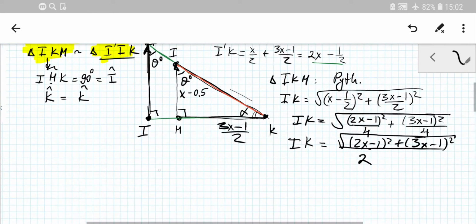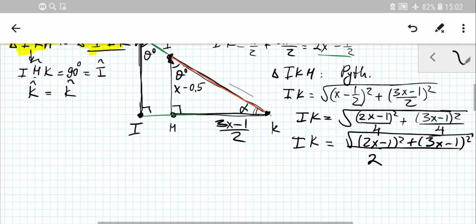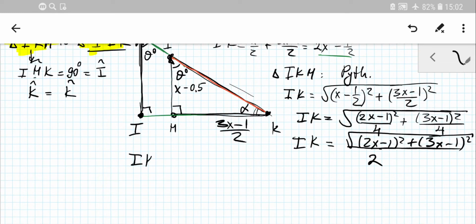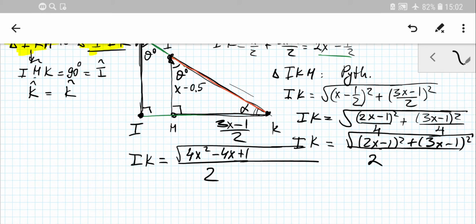Okay, let's try to work it out now. So let's just simplify that. We've got 2 in the bottom. Here we've got 2x minus 1, so we're using the formula. It's 4x squared minus 4x plus 1. And the rest, which is here, is (3x minus 1) squared. So we add 9x squared minus 6x plus 1.